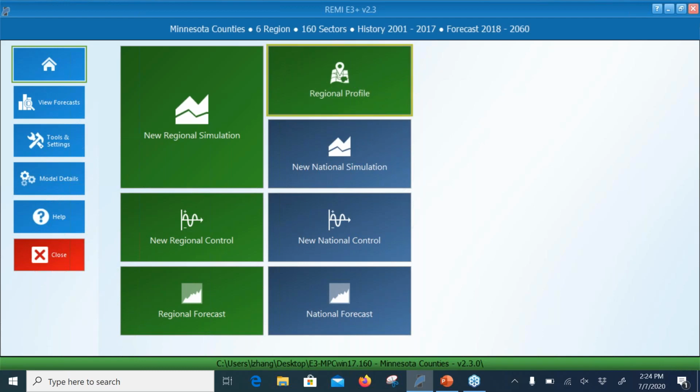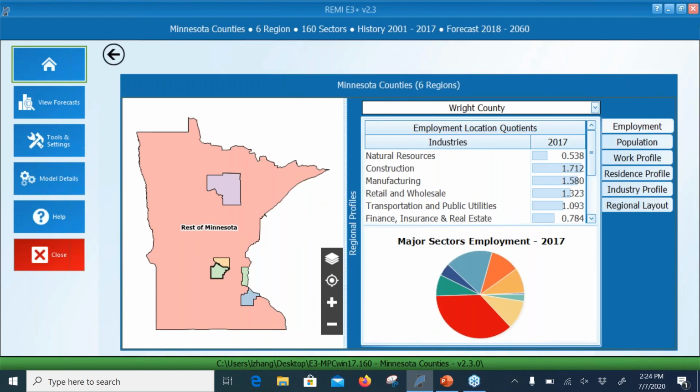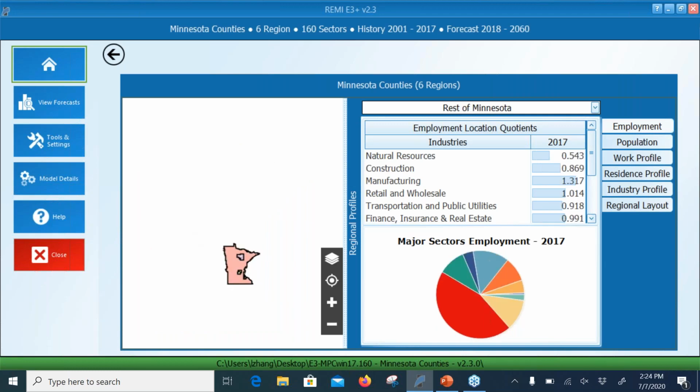One thing we can look at is the regional profile. You can look at these counties in Minnesota broken out from the rest of the state of Minnesota, and we get some basic economic information about each region.